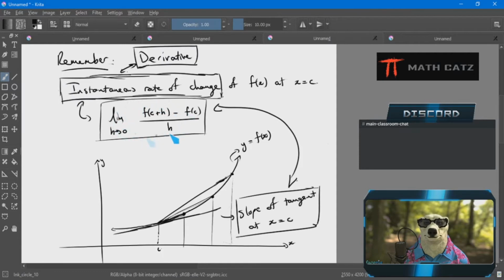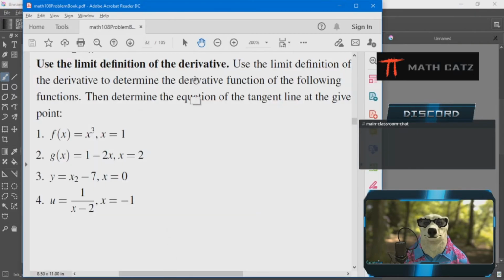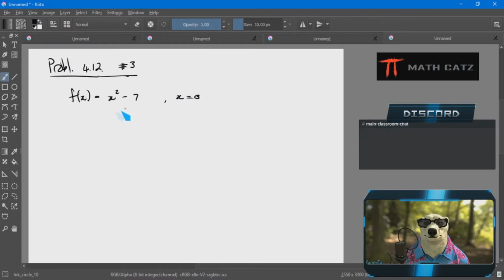It's this box, the limit box. And they want to determine the derivative function at the point that I'm interested in. We'll do the second bit in a second. So I'm going to set it up. Limit h goes to 0, f of 0 plus h minus f of 0 over h.